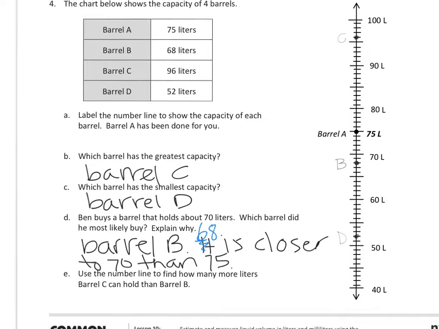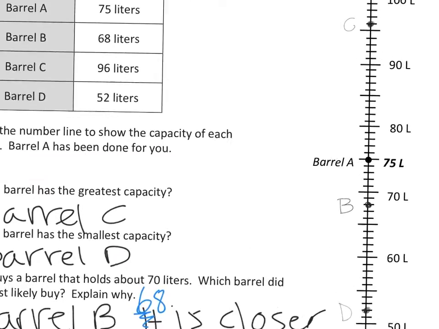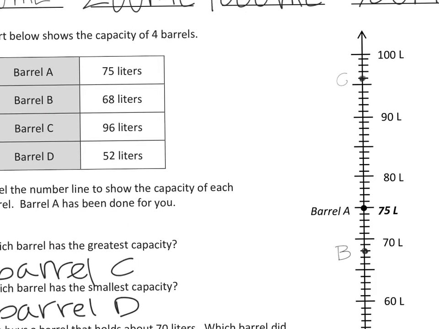Use the number line to find how many more liters barrel C can hold than barrel B. So let's go ahead and do that. I'm going to get my pen tool, and I'm actually going to change to a different color so I can see my jumps since my number line is black.